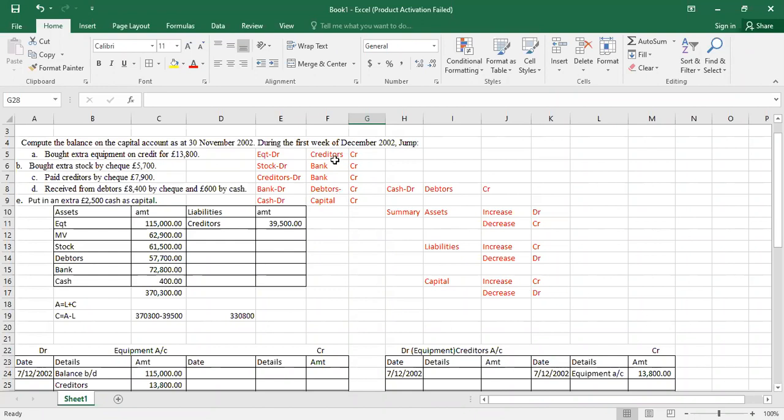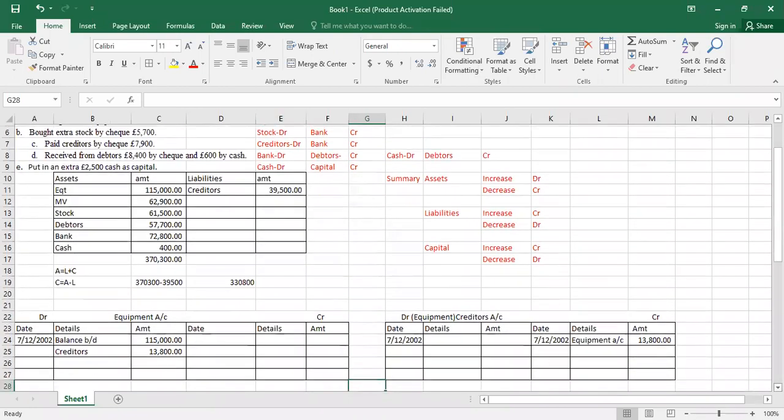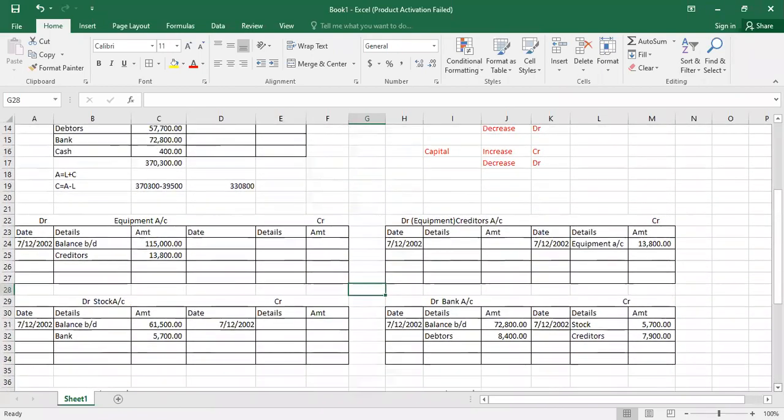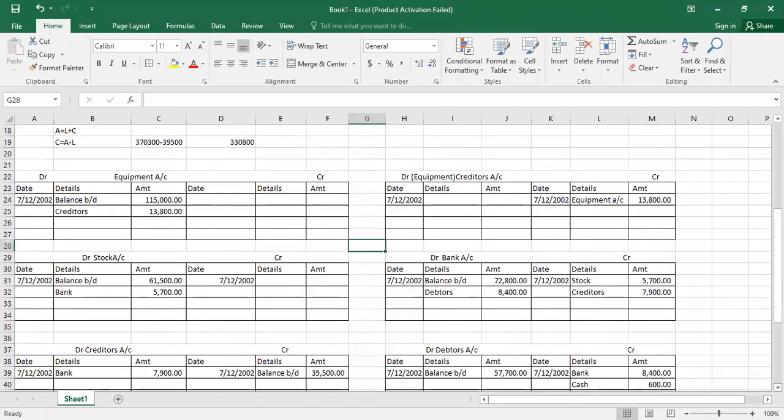What is involving your mind will carry more marks than what is just manual. Anyone can do this. So we can balance, and balance is just getting the totals. So this is 128,800.